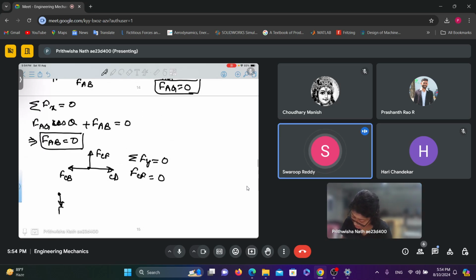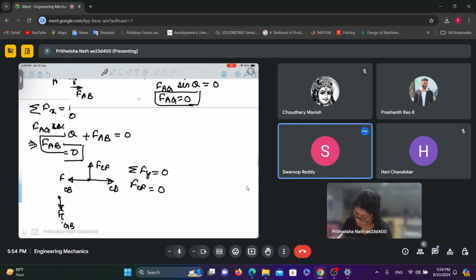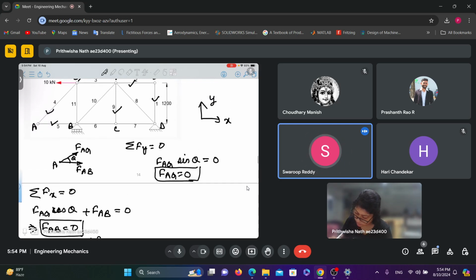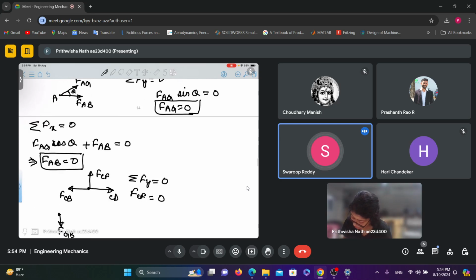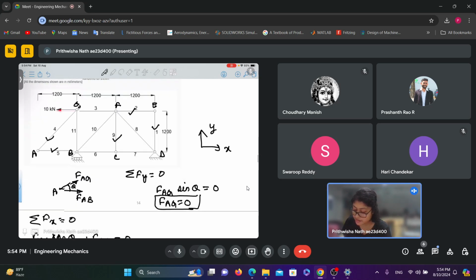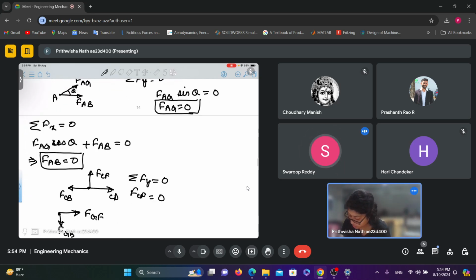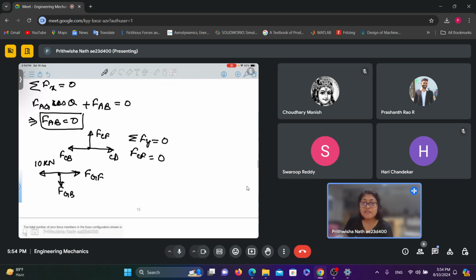There is FGF, and there is an external force of 10 kilonewton. By the above process, summation of F along Y should be 0.